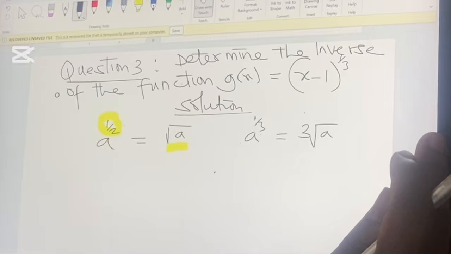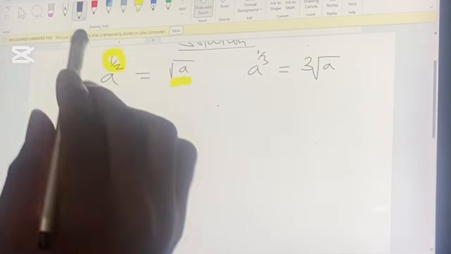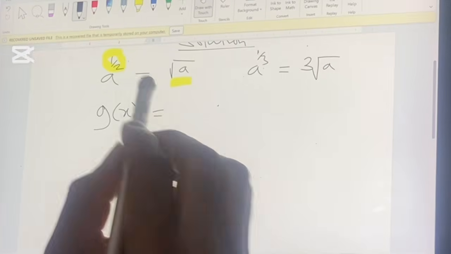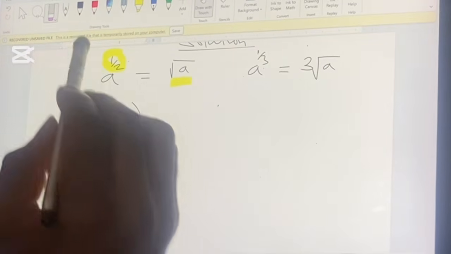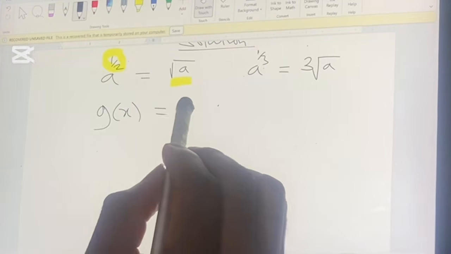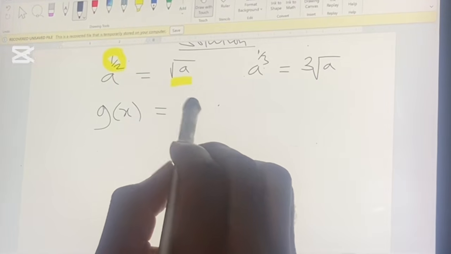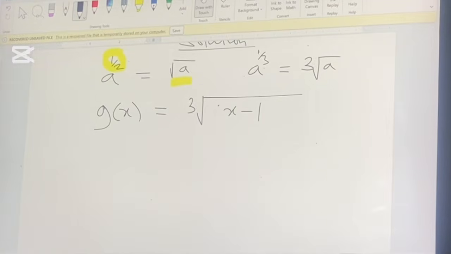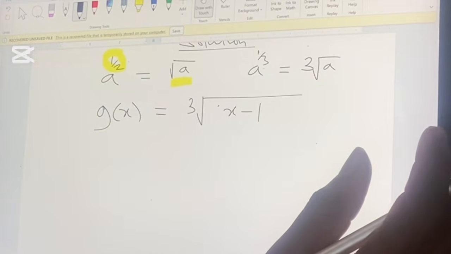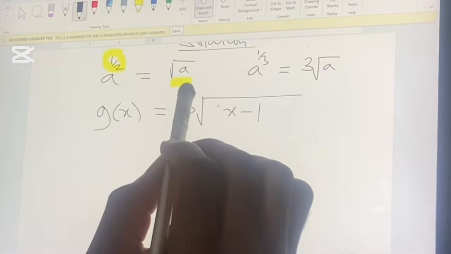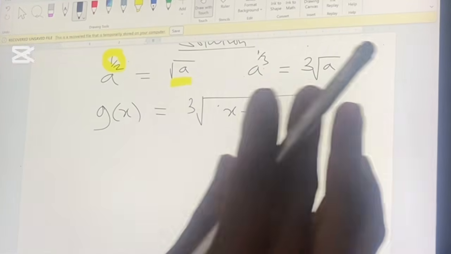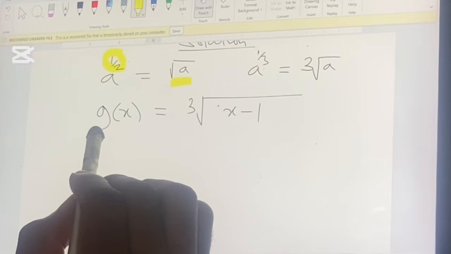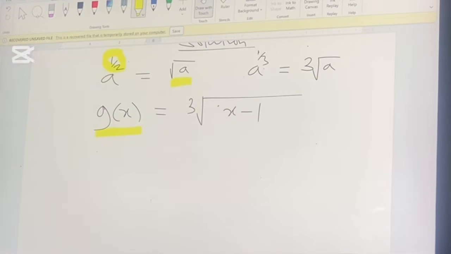Now if you apply the same thing here, class, our g of s can also be written as, please take note, cube root of s minus 1, okay? Now this is our expression here. So the next thing is to change this function here as a letter.